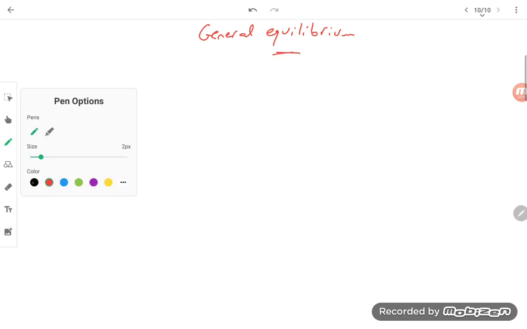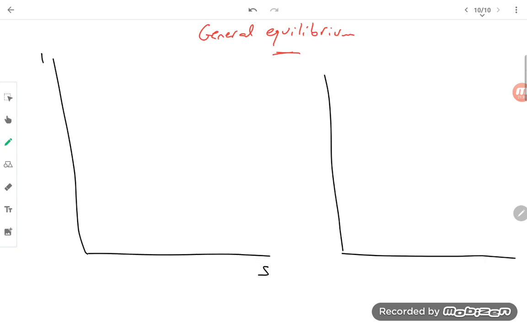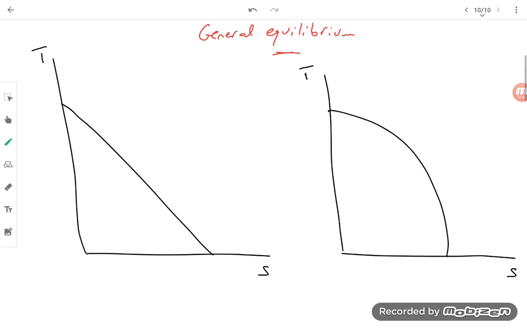And as we said, PPF has two different shapes, a straight line and concave PPF. So we would like to find general equilibrium in both cases, straight line PPF and concave PPF.